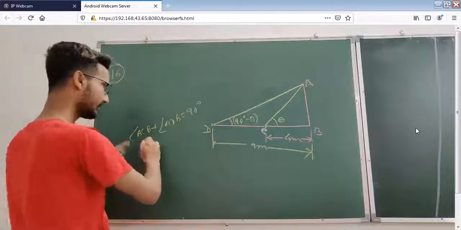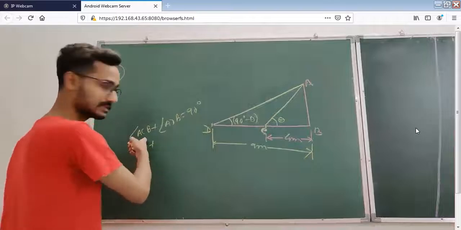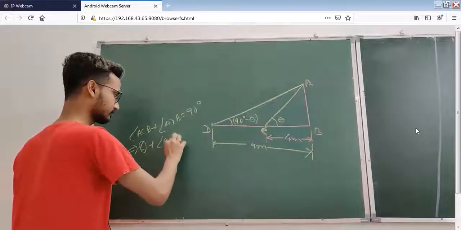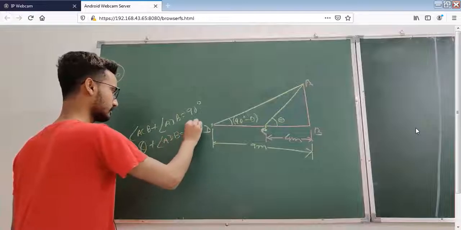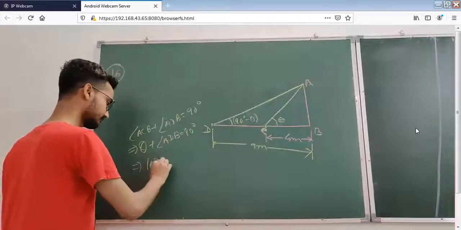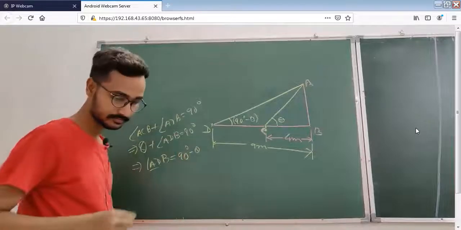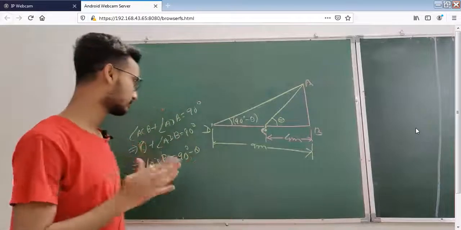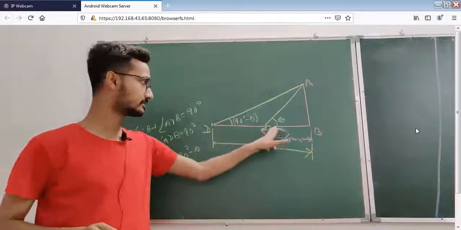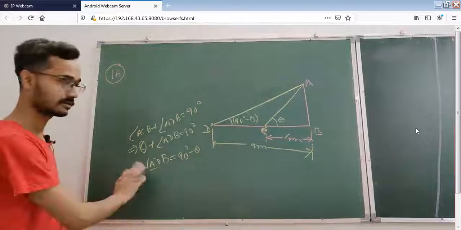Now if you take ACB as theta, then ADB will be how much? 90 minus theta. Up to this clear or not? If ACB is theta, then ADB will be 90 minus theta. Okay.